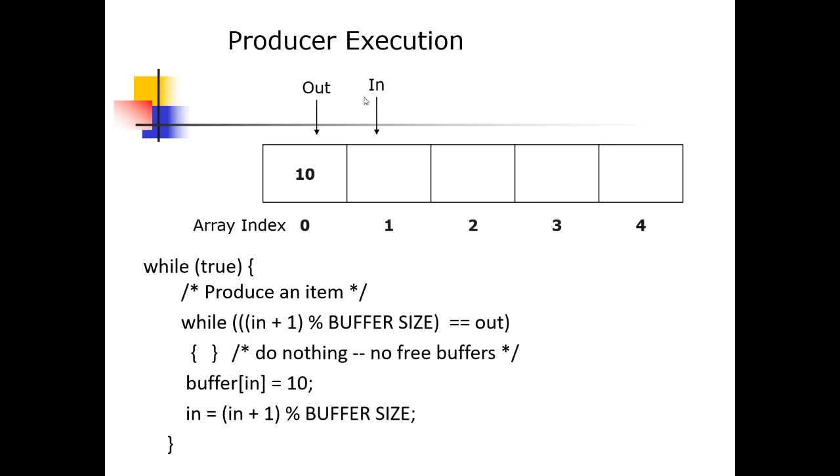It is actually like a pointer. It points to the next free element. Now you can get an idea about the operation. In always points to the first empty element. Out always points to the first non-empty element.